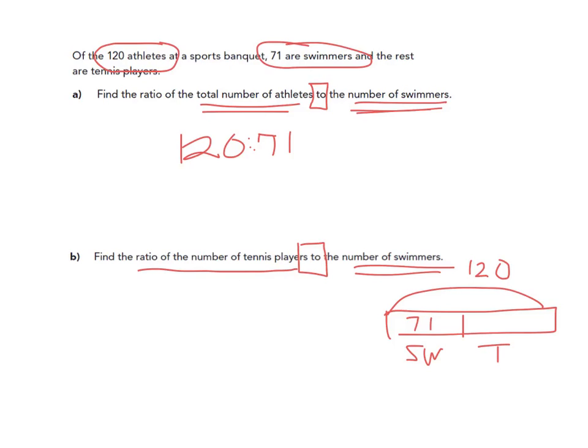If I do my subtraction and I take 120 and take away 71, I know that 49 represents the amount of tennis players. So now I can go back and answer the question. The ratio of the number of tennis players, 49, to the total number of swimmers, which is 71. And I can't simplify that at all because they are relatively prime.